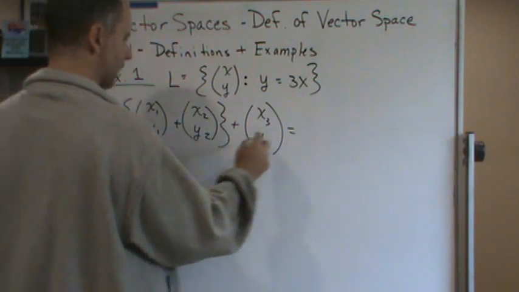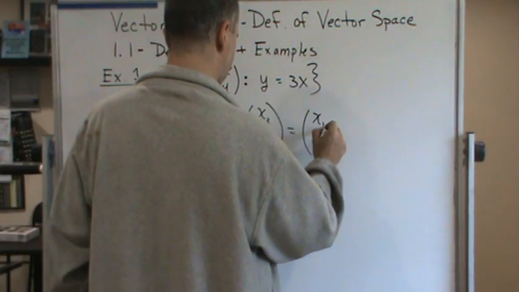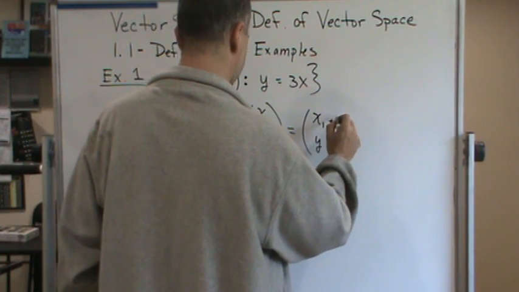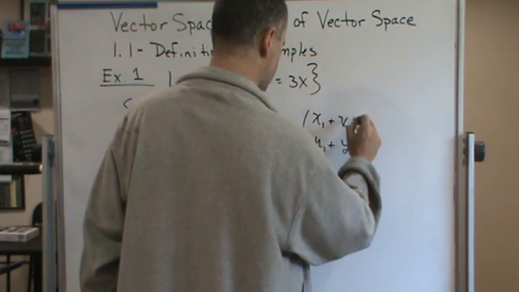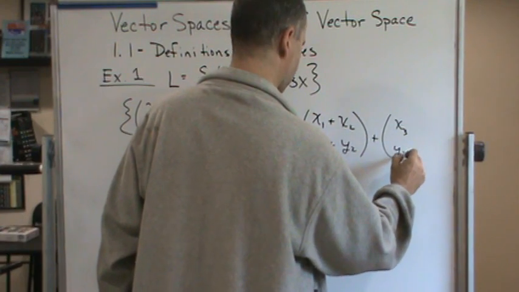So I'm going to combine these. So that's just going to give me (x1 plus x2, y1 plus y2) plus (x3, y3).